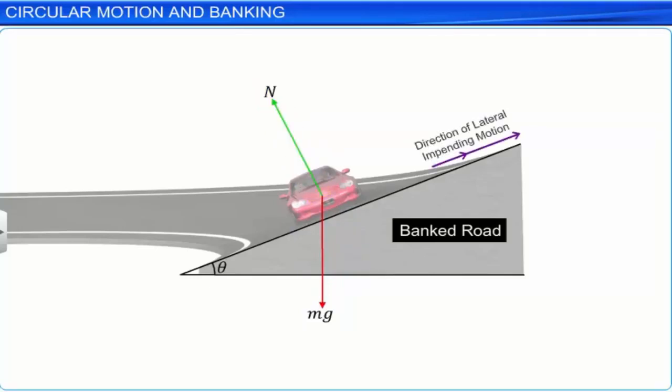The impending motion of the car in the lateral direction is away from the center of curvature. The frictional force, F, acts opposite to this direction, that is, down the lateral slope.